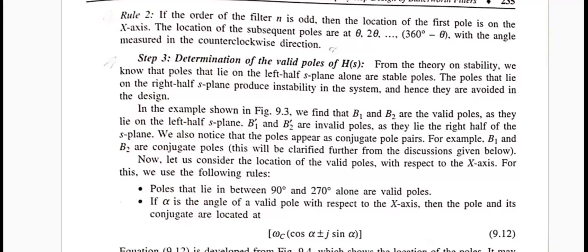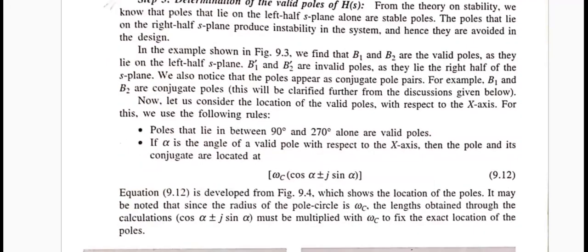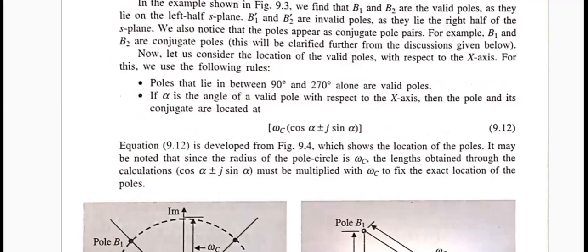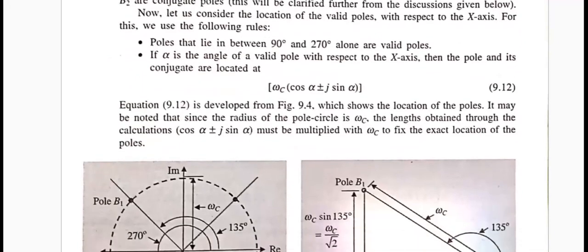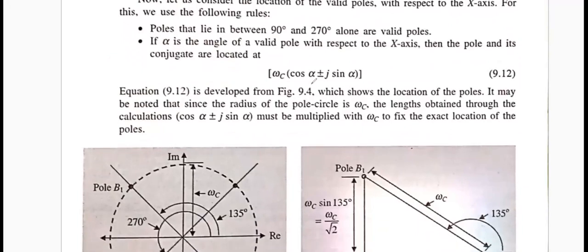Determination of the valid poles of the S, that means in the transfer function. As we have already mentioned, we have two categories of poles: one is valid and one is not valid, and how to determine those we have already discussed. We have also mentioned that this is the alpha.